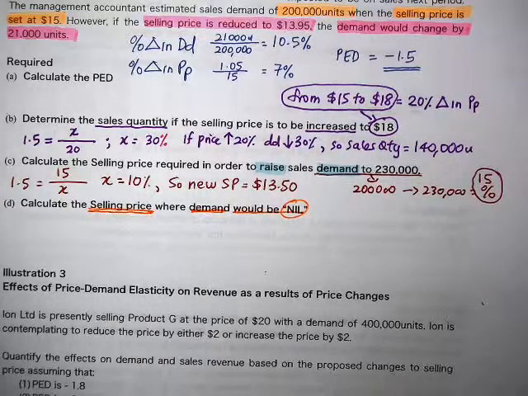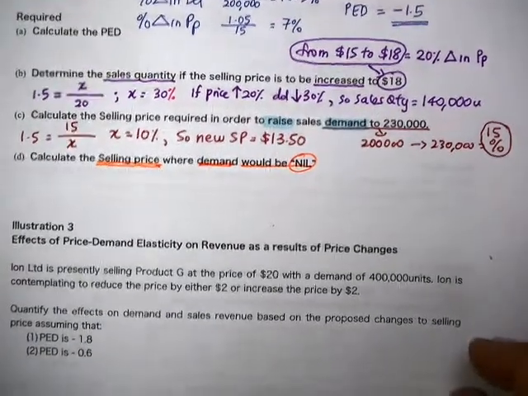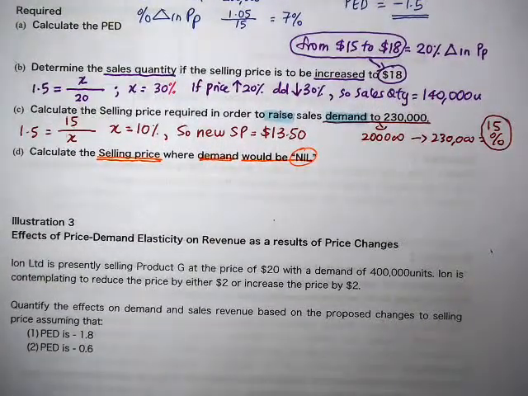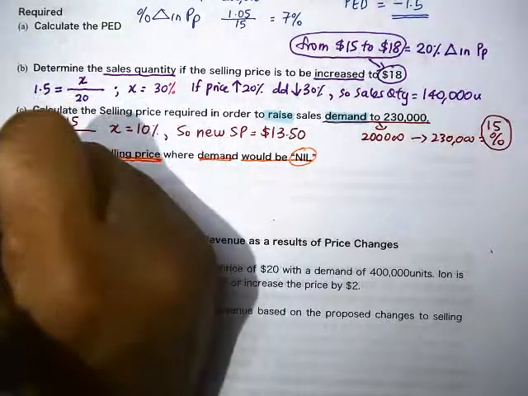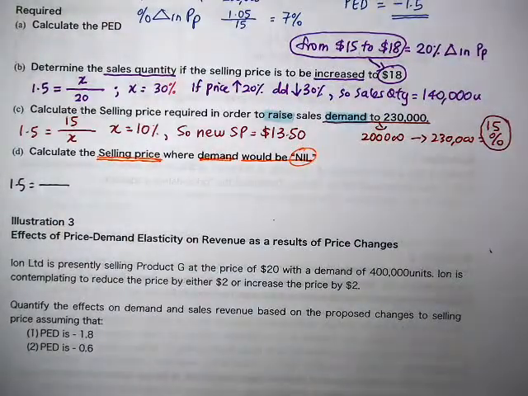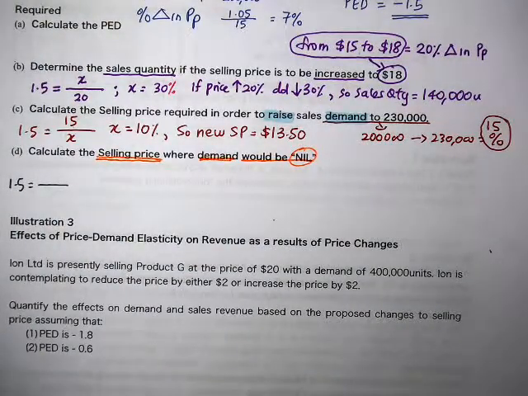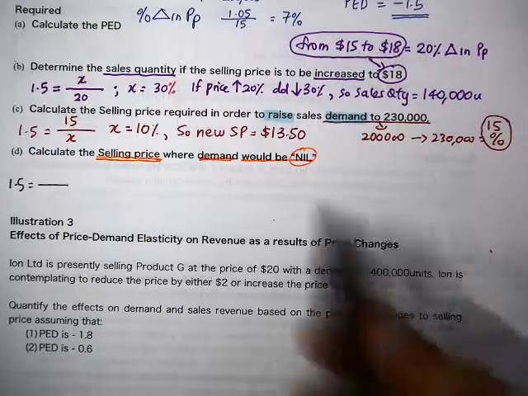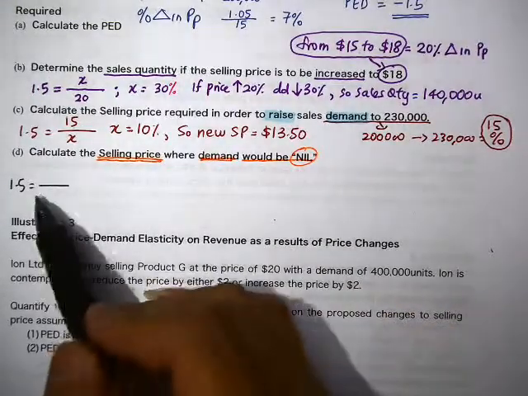Okay, that's how you do it. If you want to use the PED formula, then you have to do it this way. 1.5 equals to, now, what do you want to make 0? Demand, right? Demand is the one on top.